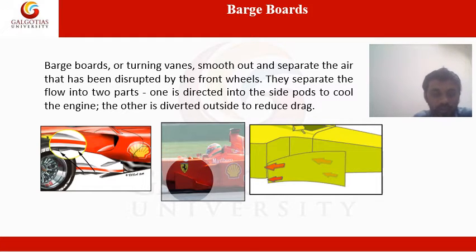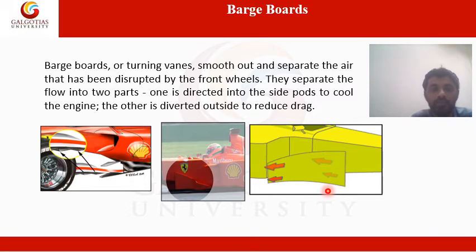As you can see in the diagram, you can picture how the movement of airflow is taking place near them. Barge boards are also called turning vanes. What they do is smooth out and separate the air that has been disrupted by the front wheels of your car.